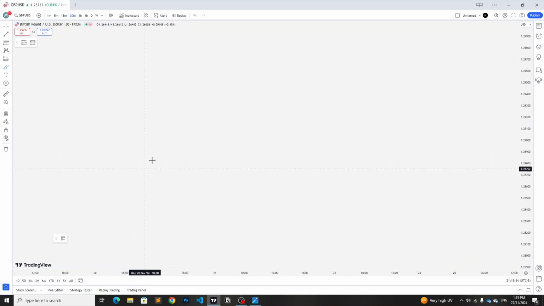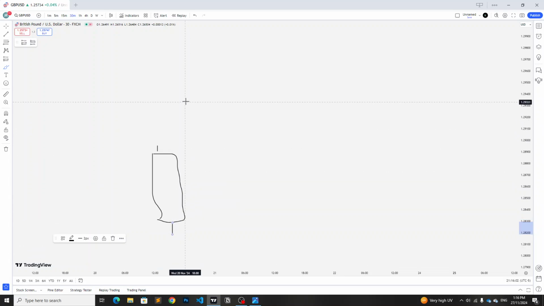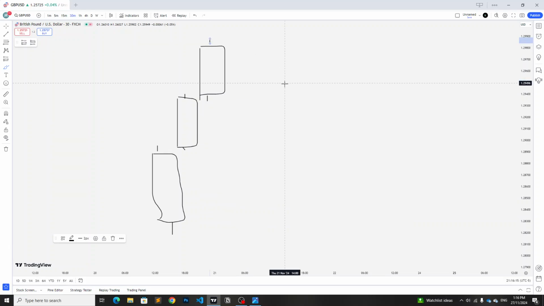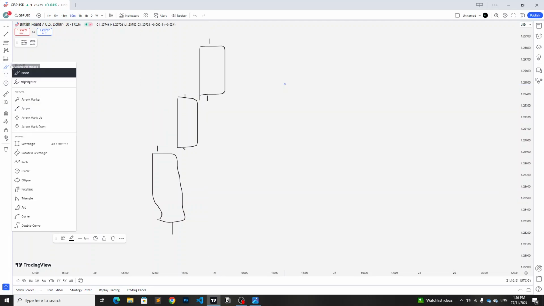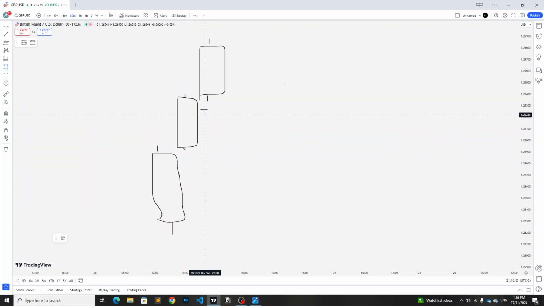Next, imagine a fair value gap to the upside. That's one, that's two, that's three. So imagine there's a fair value gap right here, as we already mentioned.